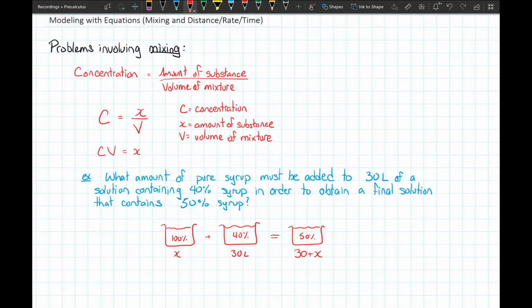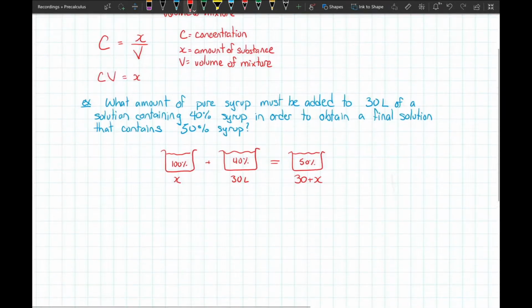What might be very useful in this case, rather than just trying to force each equation, is to start trying to put this all into a table. And then from that table, we can look at the things that are getting put together, the sort of reagents of this, and then look at the products on the other side of the equal sign. Well, let's try putting this into a table format.